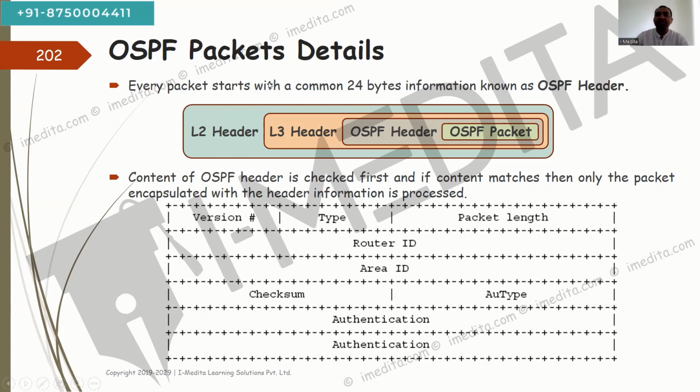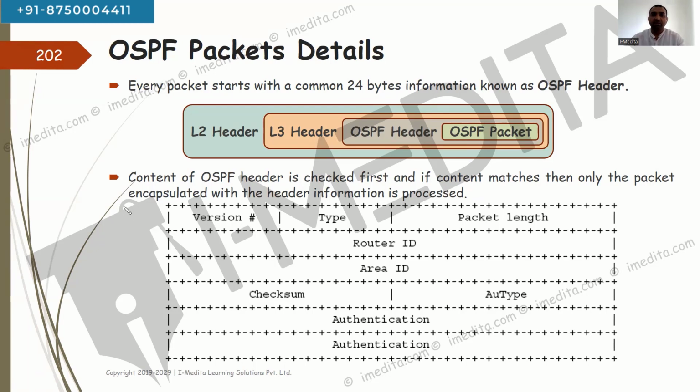But you must remember that this OSPF header size is 24 bytes. This 24 byte information is known as the OSPF header. So every packet starts with this common 24 bytes, and these entire 24 bytes are going to be common for all packet types. Let me explain it in more detail.